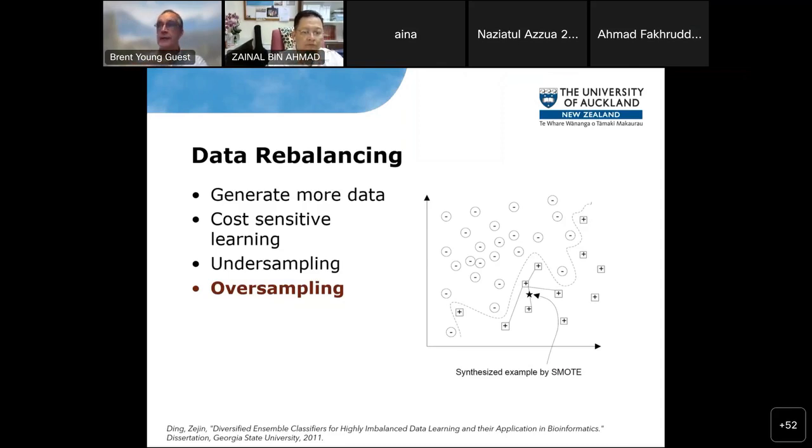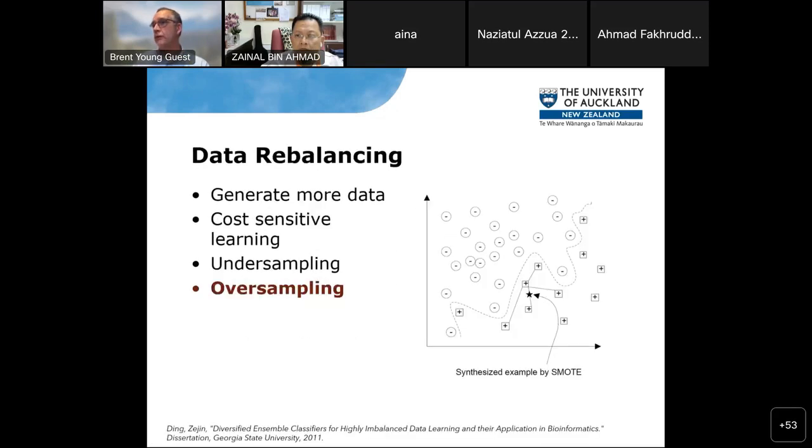Or there's another technique which involves undersampling. So if you look at the common mode measurements, you'd undersample those, and you might oversample the edges, the data that are the extremes. And so we're going to particularly look at a technique that involves oversampling.